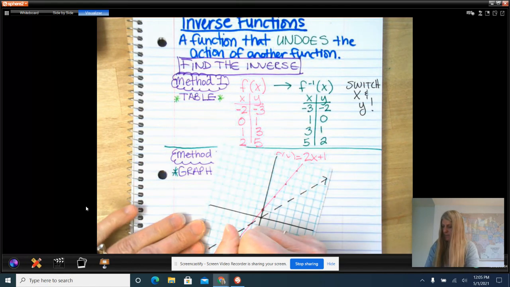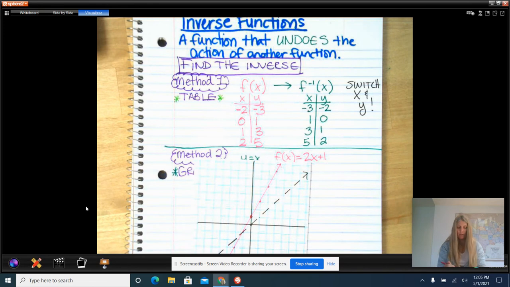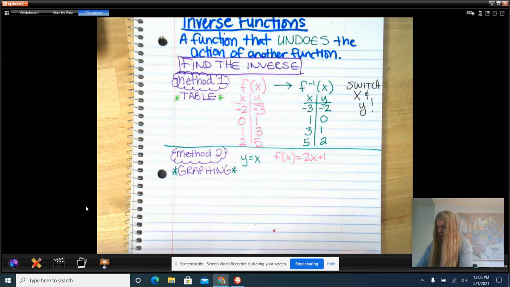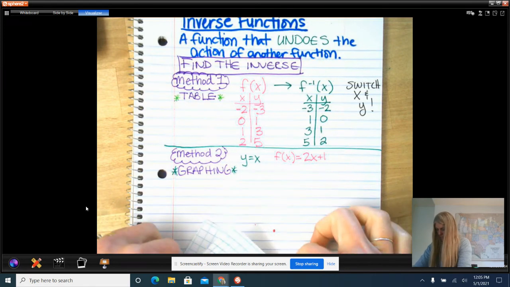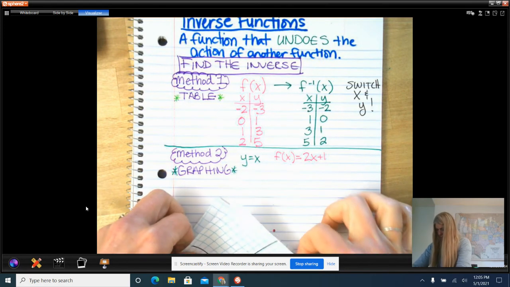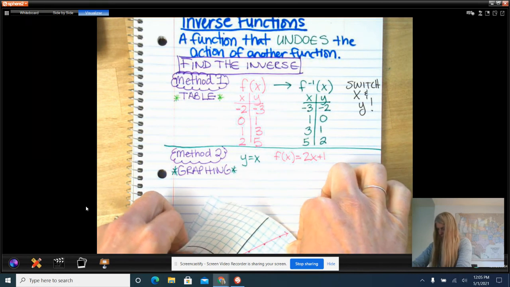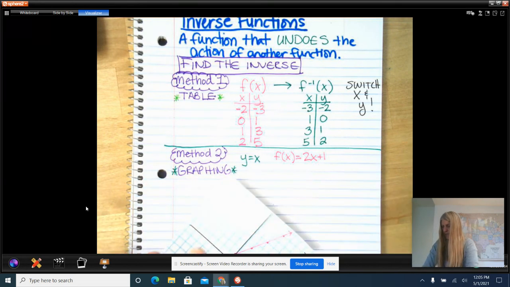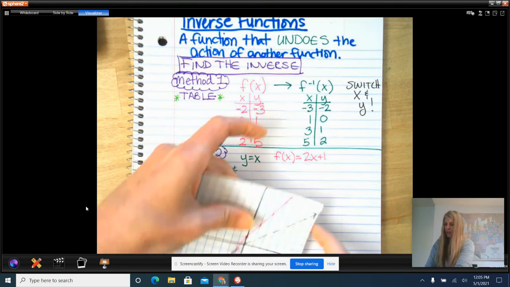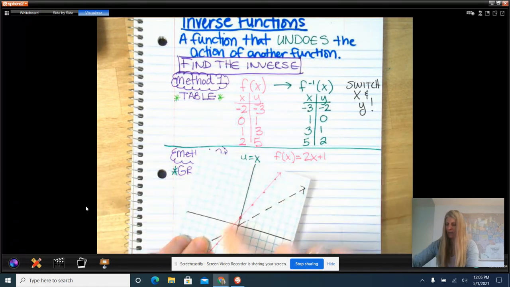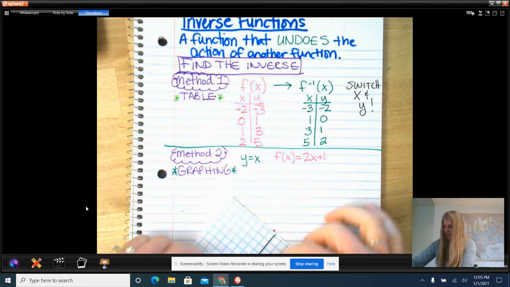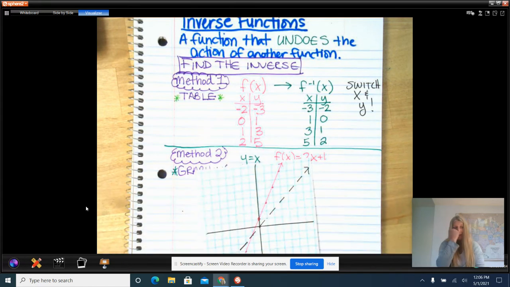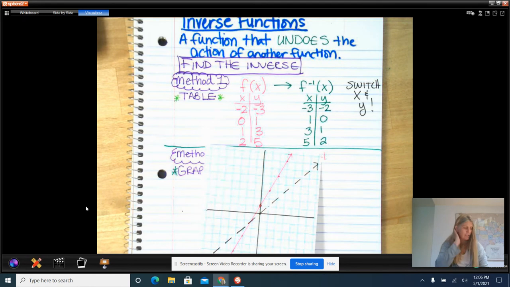Now, basically, if I were to fold my graph on my dashed line like this, that is what I'm going to reflect, because it's y equals x. I'm going to reflect the line of my equation over that line. So if I were to put paint on here and go ahead and fold it and open it up, I could see where that paint is going to lie.